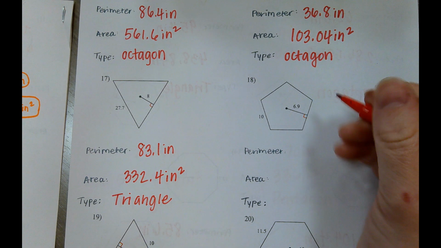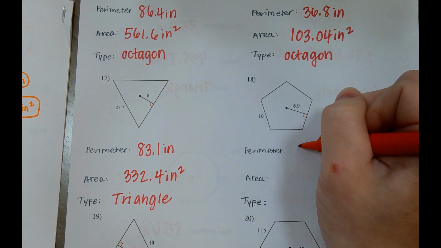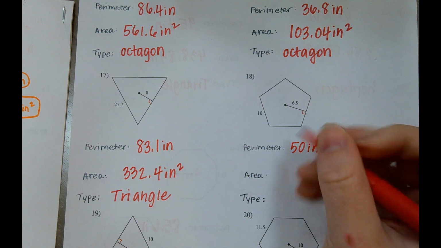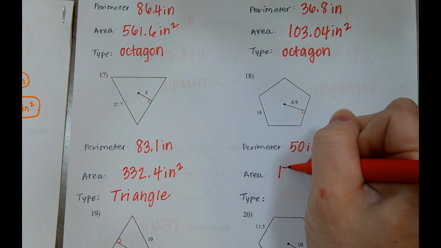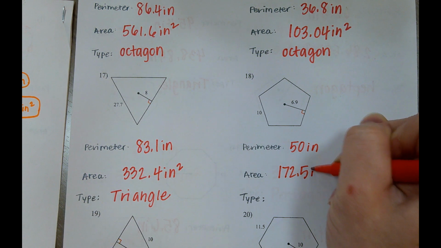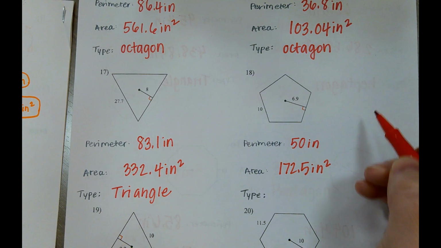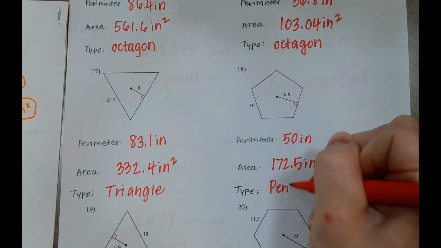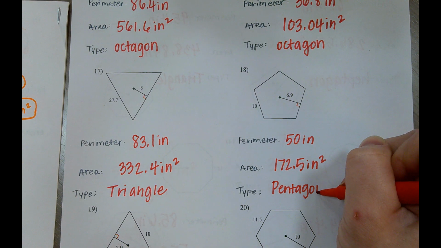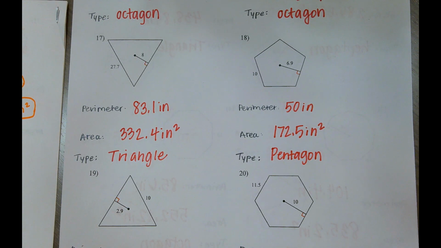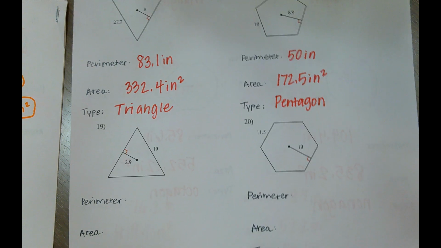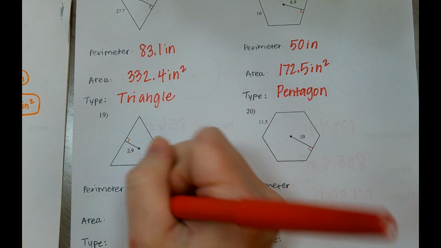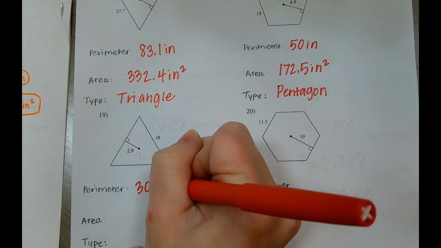Okay, number 18. Perimeter is 50 units. Area is 172.5 units squared. And there are 5 sides. So we have a pentagon. Number 19, my perimeter is 30 units.